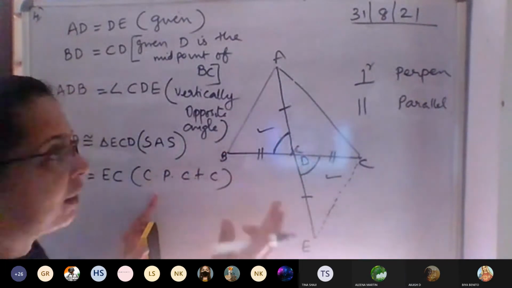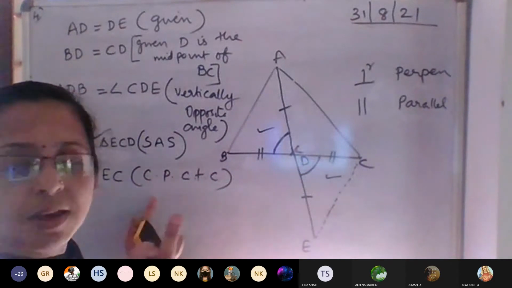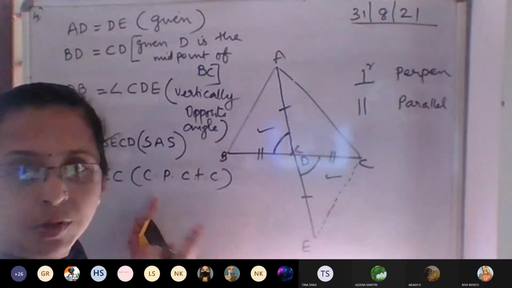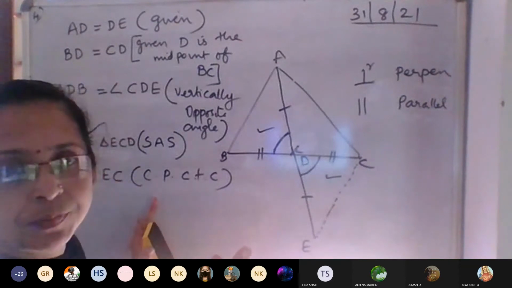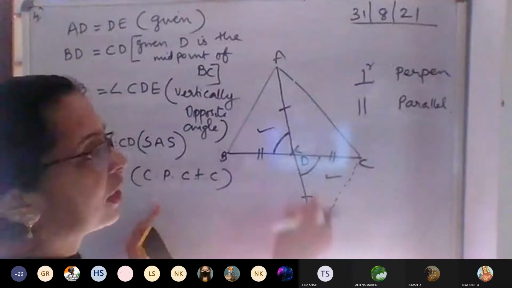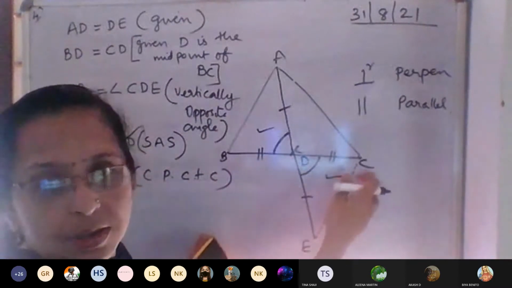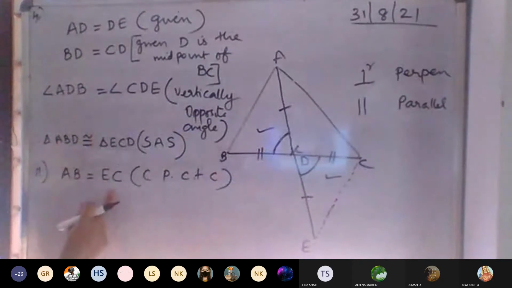Instead of writing that reason, we can directly write CPCTC: corresponding parts of congruent triangles are congruent. That is the second part, AB is equal to EC.